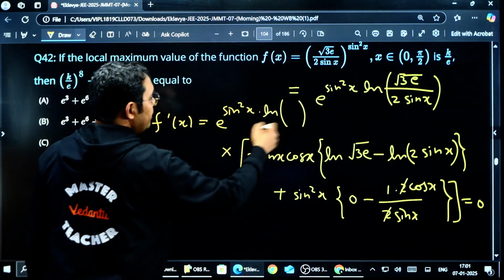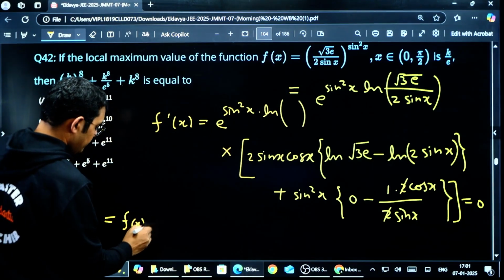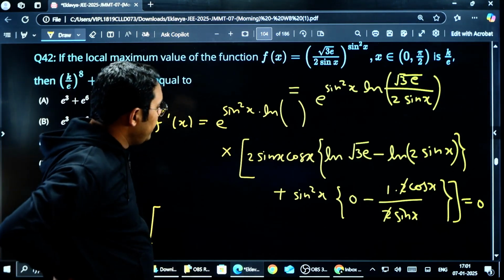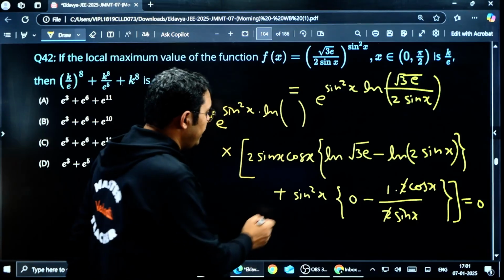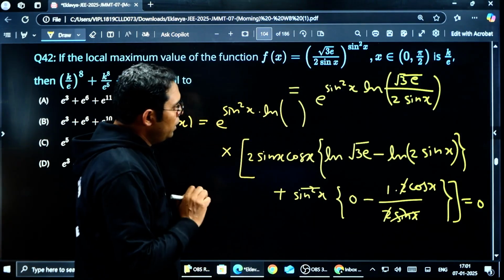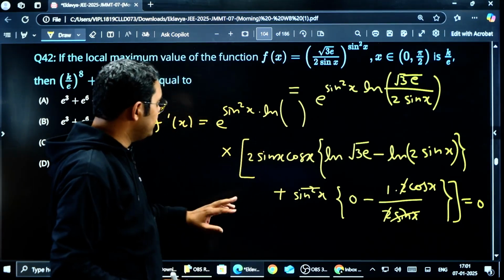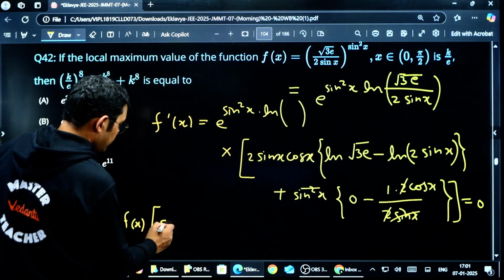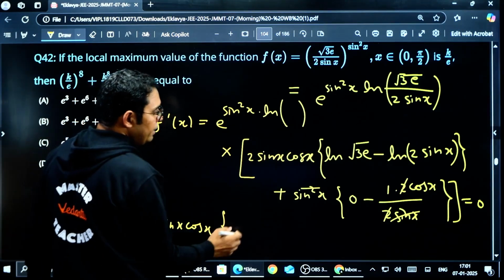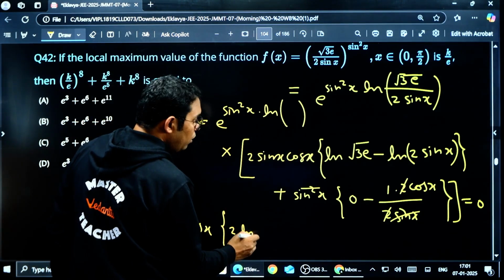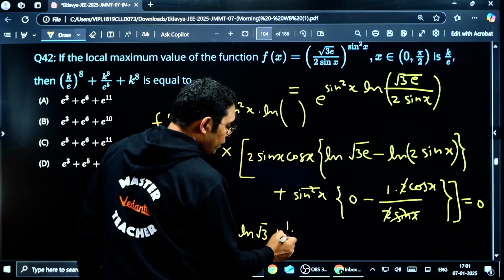This thing in the beginning which I am writing can be written back to what they have given as f(x). And after that, what we are getting, I think this is 2 sine x cos x. And if you multiply the sine square x with the sine x, I think this square is cancelling. So we are here having sine x cos x. I think here also we are getting 2 sine x cos x common. So let us take sine x into cos x common, and then this 2 will be multiplied with this 2 into ln of root 3 plus, for root e it will be 1 upon 2.